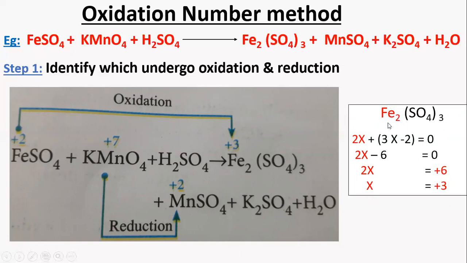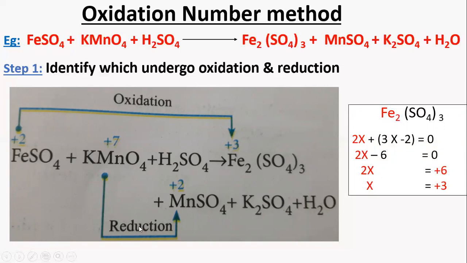So in this Fe2(SO4)3, Fe will have the oxidation state of +3. So +2 to +3, which means its oxidation number increases by 1 unit. So it is said to be an oxidation reaction. And in KMnO4, manganese on the reactant side is +7, whereas on the product side it has the oxidation state of +2, which means a difference of 5.